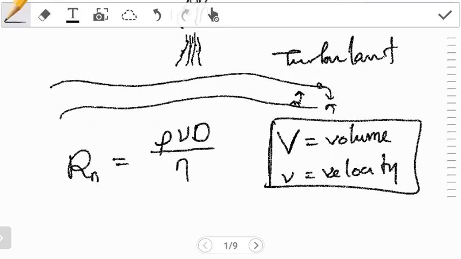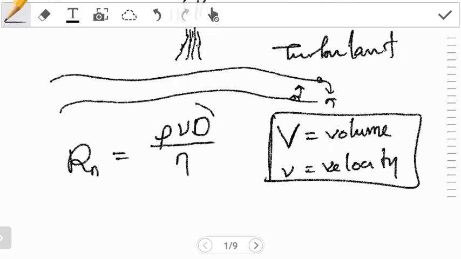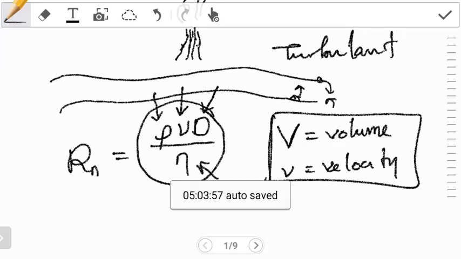From here, you are able to tell that there are a number of key things that determine whether a flow is going to be laminar or turbulent. We have the velocity, the density of the fluid, the diameter of the tube where the fluid is moving, and lastly, the viscosity. How do they really affect the flow? Well, we have a range.